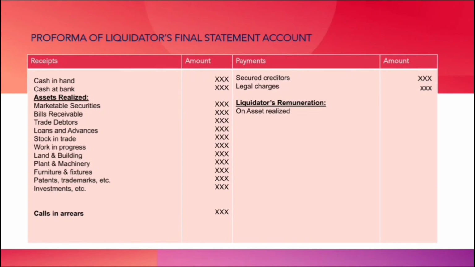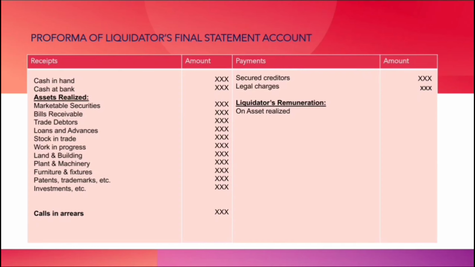Here, assets realized means the assets which are realized by the liquidator. Based on this, the liquidator's remuneration may be paid. For example, if they say 2% on assets realized, then taking the total of the assets realized by the liquidator, 2% has to be given as the liquidator's remuneration.